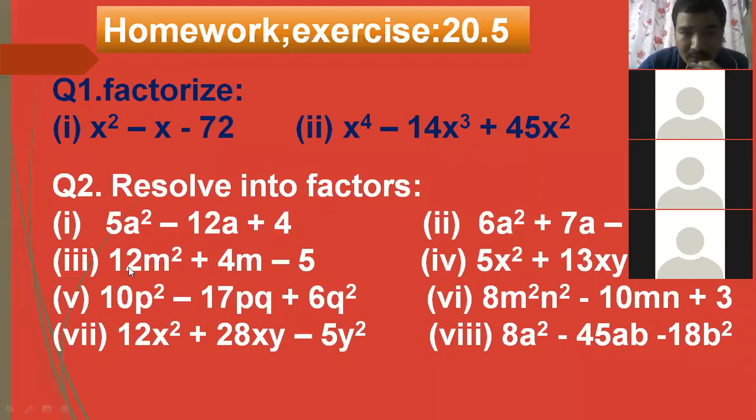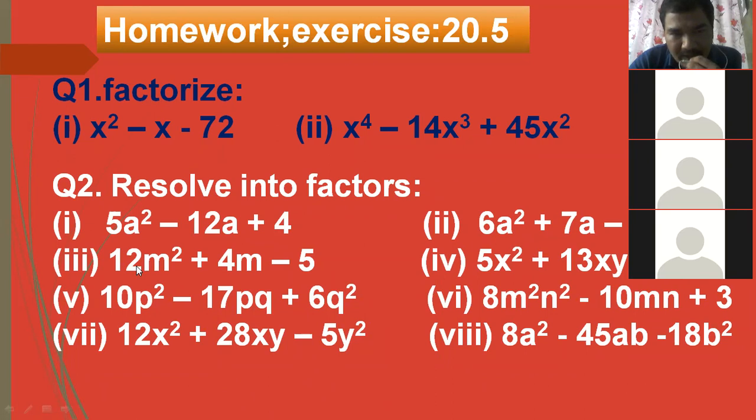Yes, sir. Now number 3. 12 into minus 5 is minus 60. How to get 4 by subtracting? Which numbers? The product is minus 60. We need 10 and minus 6.